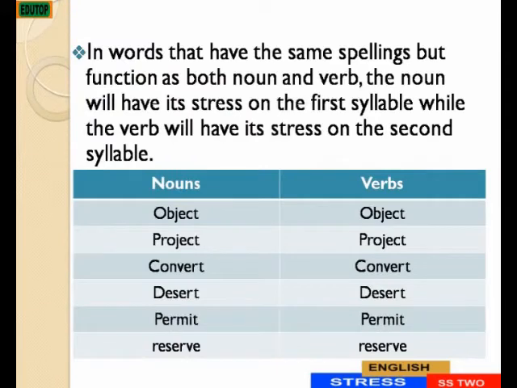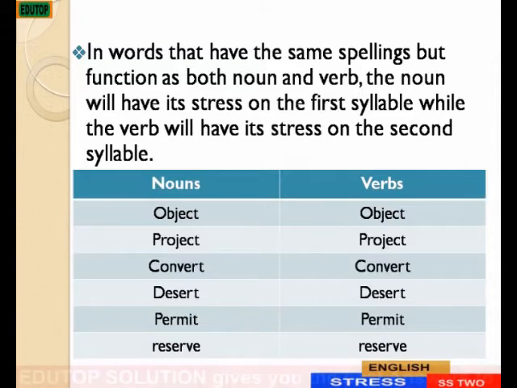In words that have the same spellings but function as both noun and verb, the noun will have its stress on the first syllable, while the verb will have its stress on the second syllable.